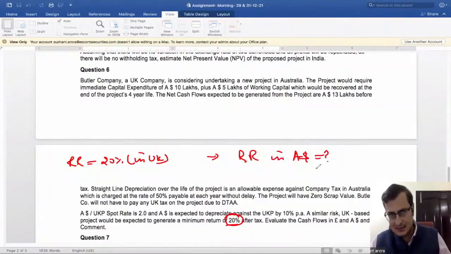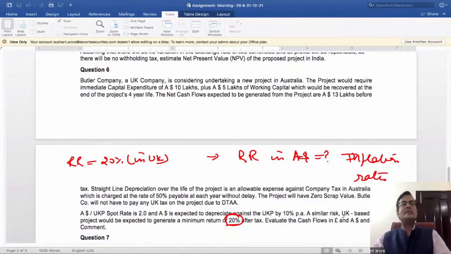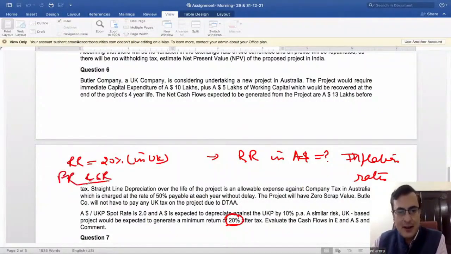Clear? Yes, sir. Previously, what did you use? Sir, we used the inflation rates. Is the inflation rate given to you? No, sir. What is given to you? Sir, they have given us the forward rate and spot rate.